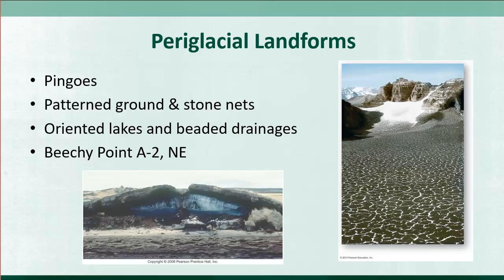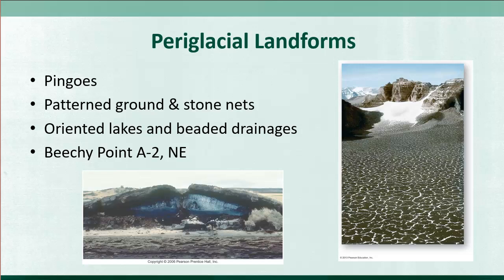In addition to the things that take place as a result of sorting of rocks and construction of ice, we often get very interesting looking oriented lakes and drainage patterns in permafrost areas because when wind blows over water during the summertime, it moves the location of the warmer water over areas of permafrost and melts it out underneath the ground and creates greater amounts of erosion in the active zone as a result of that wind action. So you get some sort of interesting drainage as well.